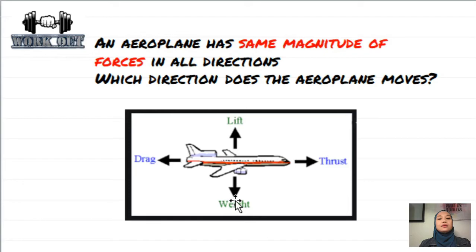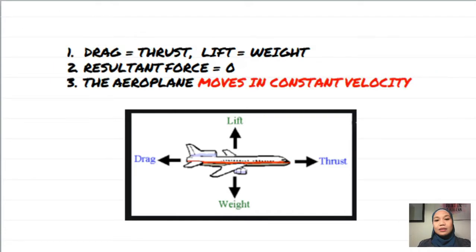Alright, now the question says the aeroplane has the same magnitude of forces in all directions. So this means that weight equals lift, and drag equals thrust. So which direction does the aeroplane move? When drag equals thrust and lift equals weight, there is no resultant force, or force equals 0 Newton.